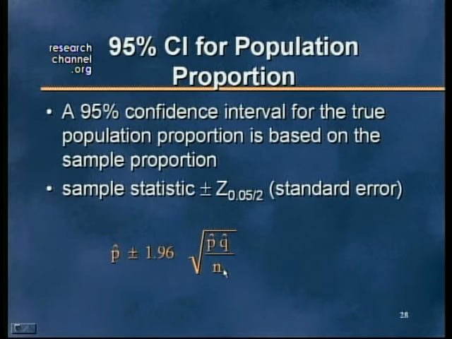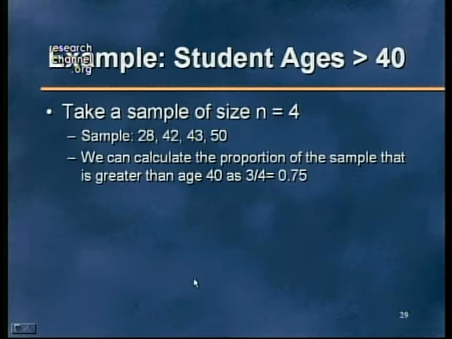So based on my sample, if I've calculated a proportion having a certain characteristic that's considered p hat, then q hat is the proportion without the characteristic. It's 1 minus it. Let's look at an example to make sense of this.